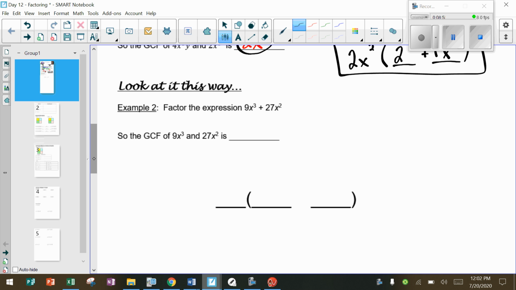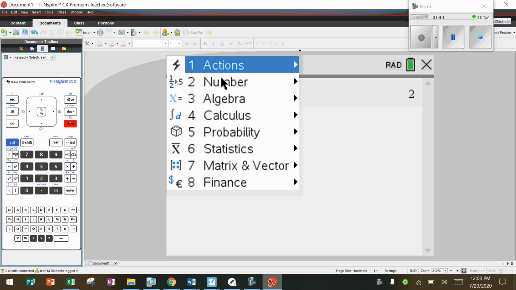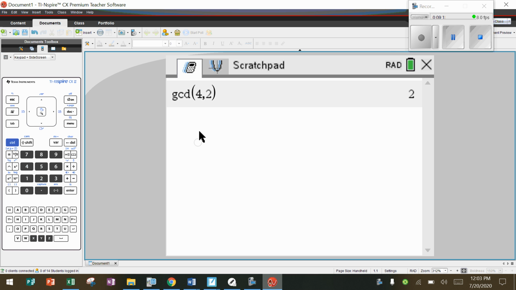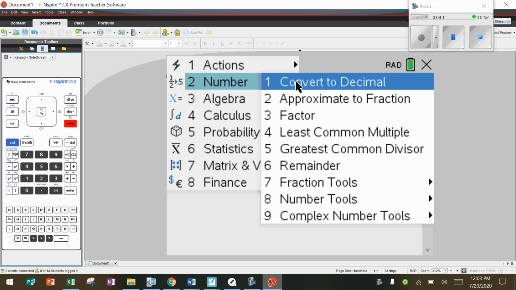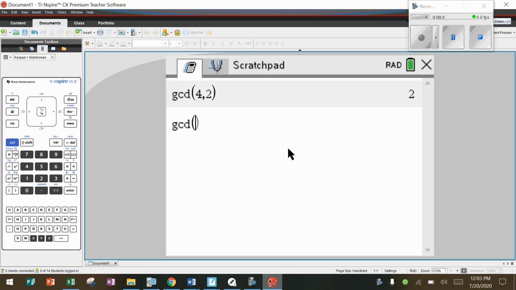So let's try another one. We want to find the GCF between 9x cubed and 27x squared. So we need to find the GCF of 9 and 27. On my Nspire, I go to menu, option 2 for numbers, and then option 5 for greatest common divisor.